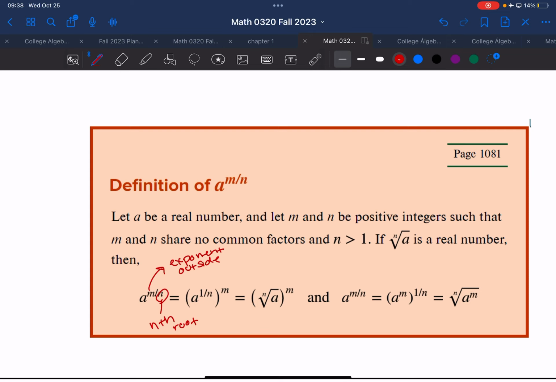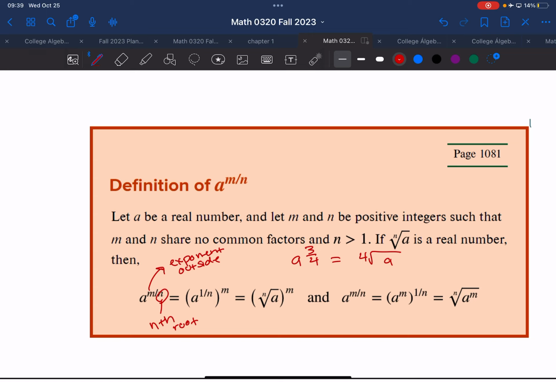So that means if we had a to the power of 3 over 4, which number is our nth root, the 3 or the 4? Look right here. The 4, that bottom number. So the 4th is our nth root, so we would write the 4th root of a.